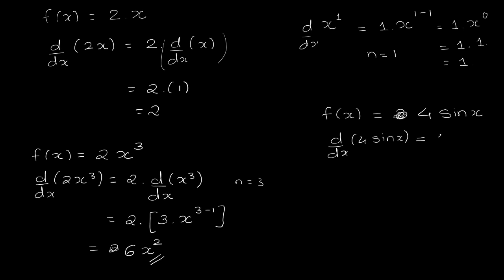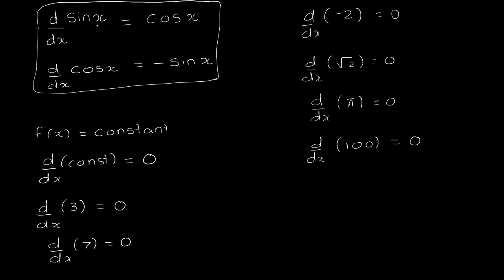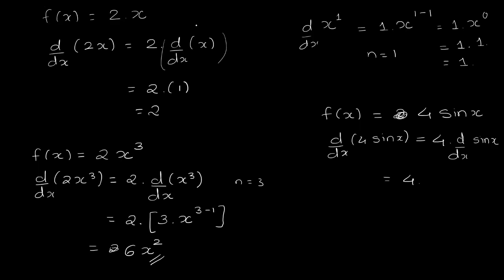So what I will do is take that 4 outside and find d by dx of sine of x. And we know what d by dx of sine of x is. We have seen just now d by dx of sine of x is cos of x. So I will write here 4 times cos of x. Okay, so this is how we make use of these formulas.